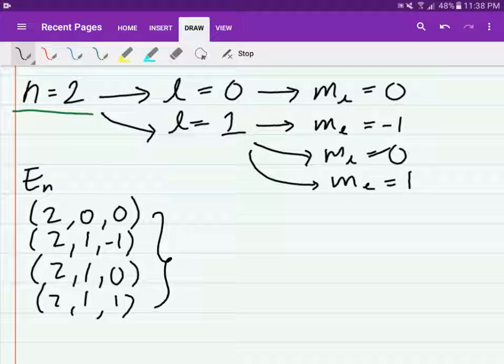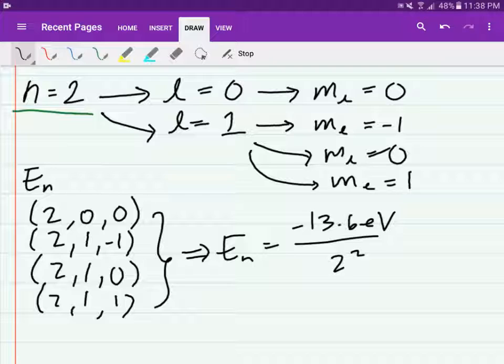All of these will have energy equal to minus 13.6 eV over n squared. So they're all energy degenerate.